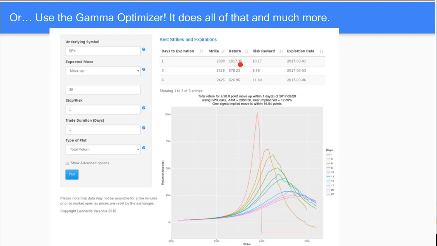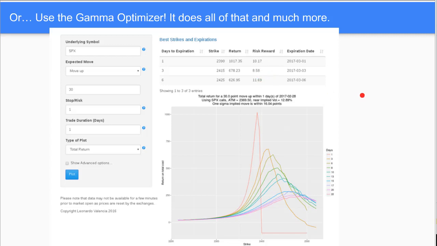This is an old screenshot, it has changed a little bit, but it tells you the expected return, and it also tells you the risk reward for the trade. In this case, a risk reward of 10 means that you are making $10 for every $1 risked.